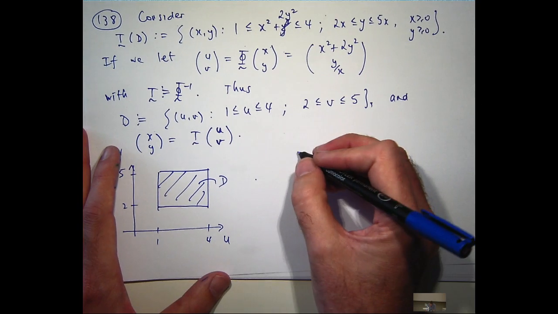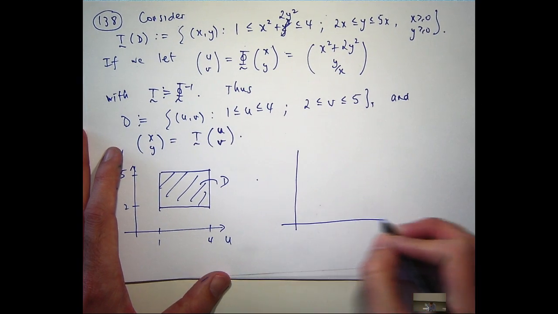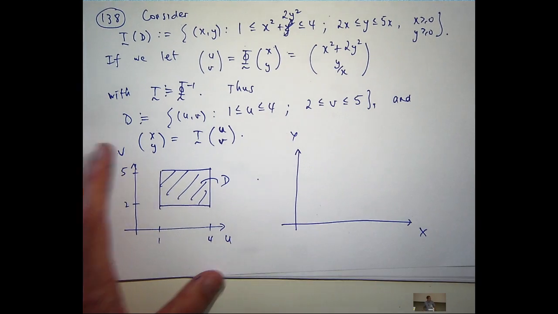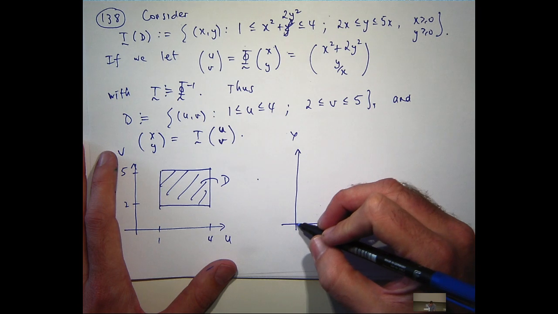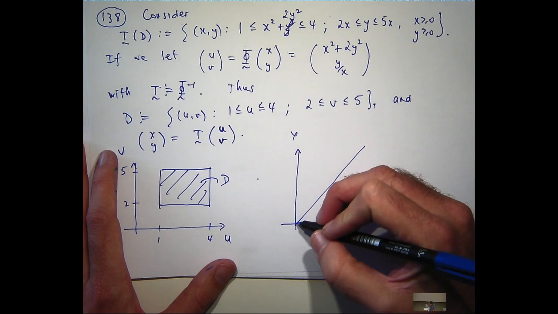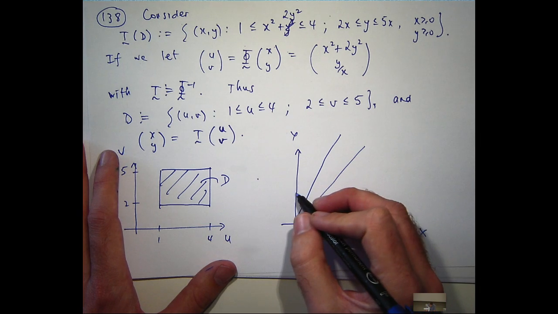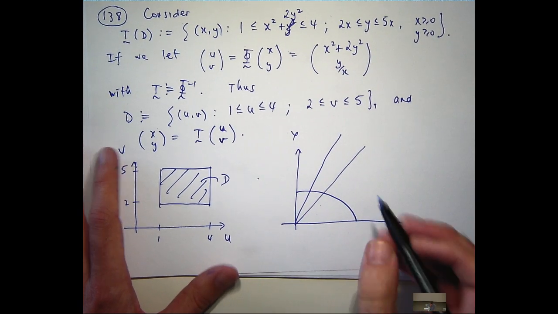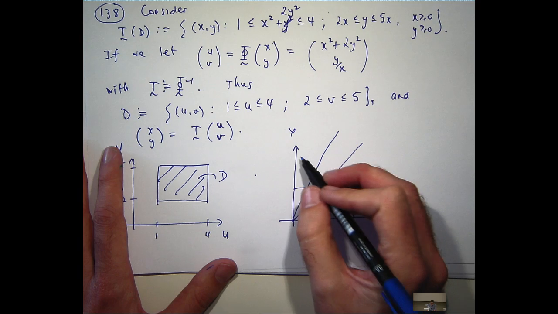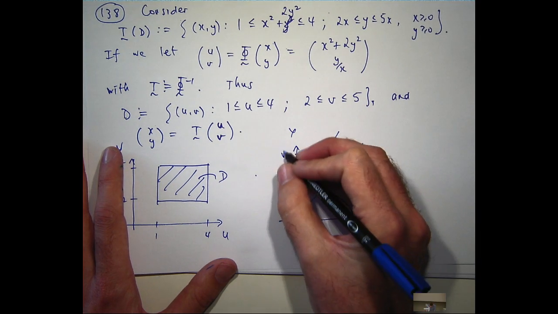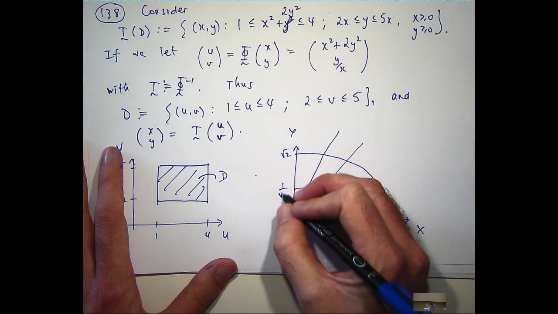According to my calculations, you'll get something like a line here, and you'll get two arcs of an ellipse. If you calculate the intersections, you should get something like this.